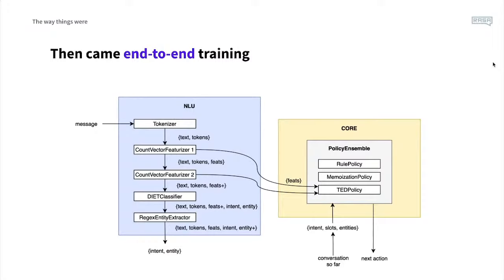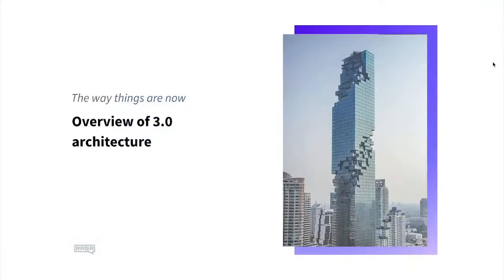It has to featurize the user messages before it can use them in its prediction. As you can see in this diagram, we now have connections between the two parts. So it broke this abstraction and this separation that had always existed in Rasa. Adding this feature caused a big strain on the code base and was one of the main reasons that led us to start developing the new architecture. So let's talk about how things are now in 3.0.